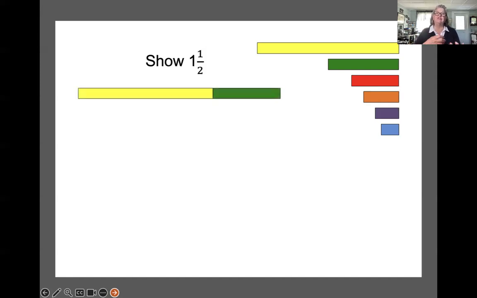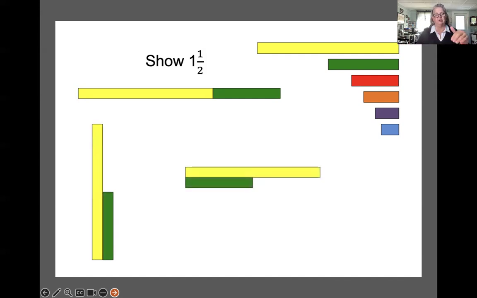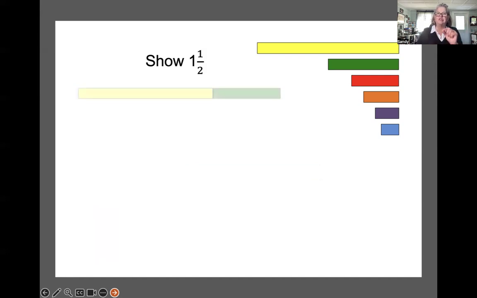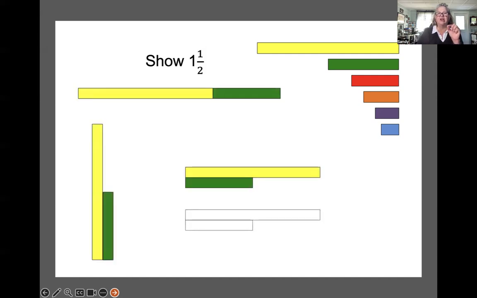Now, when your children are first showing 1 and 1/2 with their fraction pieces, they might do it as a long strip. But we want them to know that they could also do them side by side vertically. They could do it horizontally. But remember, whatever they build, they draw. And when your children build this, they tend to draw that, right?